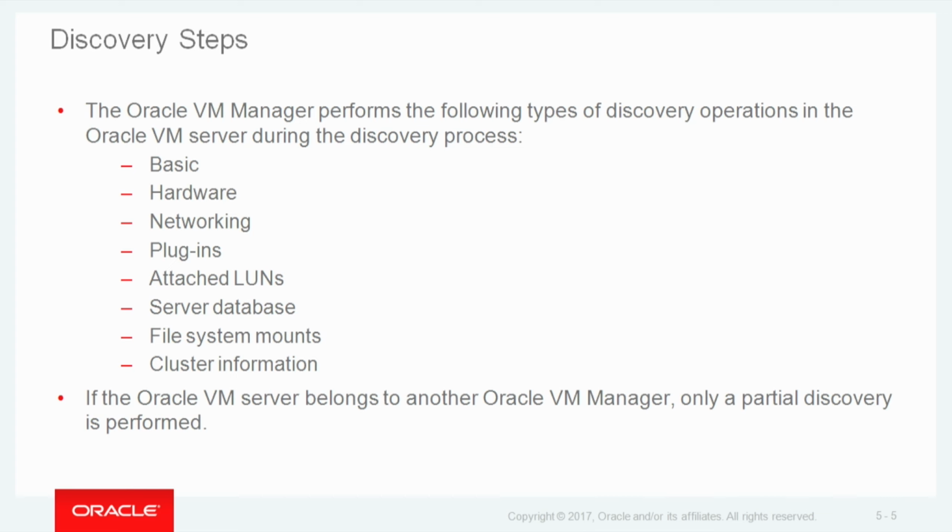For example, is it about logical domains or Xen-based Oracle VM server, does it support para-virtualized, hardware virtualized, or PV-HVM virtual machines. And in addition to this, the processor compatibility capability for this server.